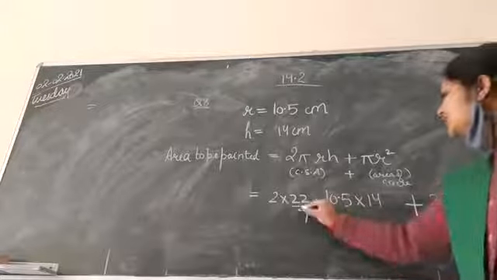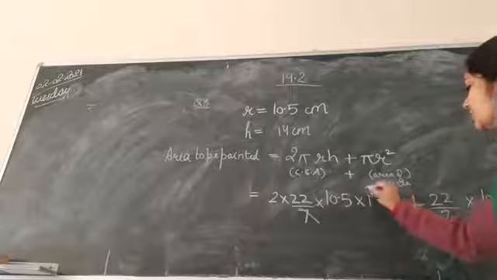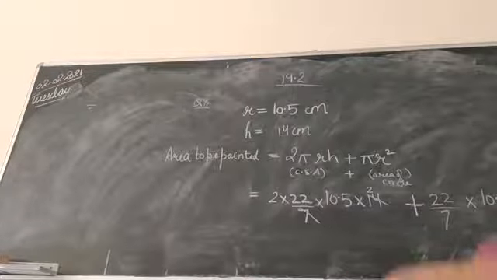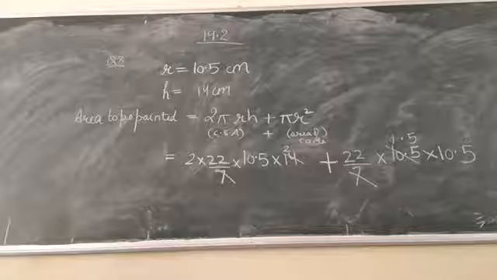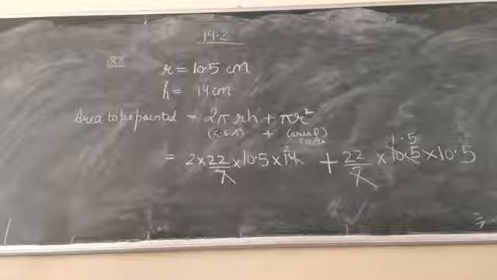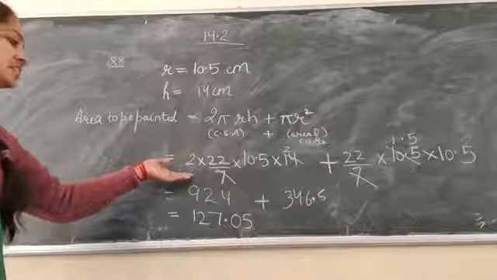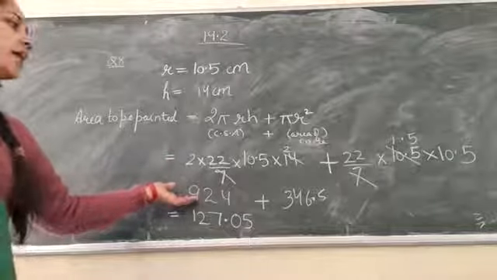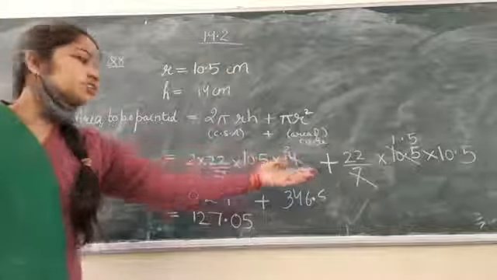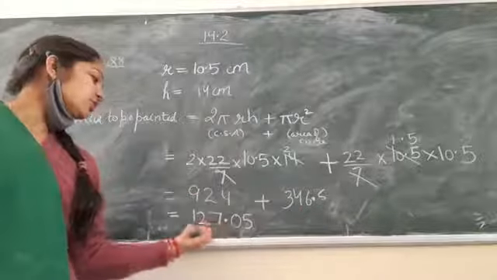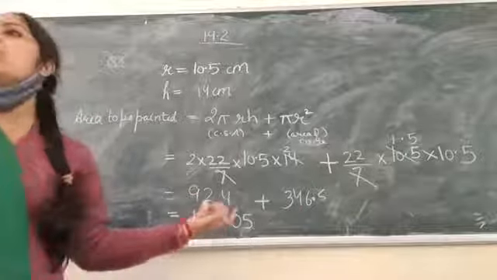So now the 7 and 14 cancel out? Yes, ma'am. Okay. Now simplify this. So after simplifying this, you will get 924, and after simplifying pi r square, you will get 346.5, and after addition you will get 127.05.